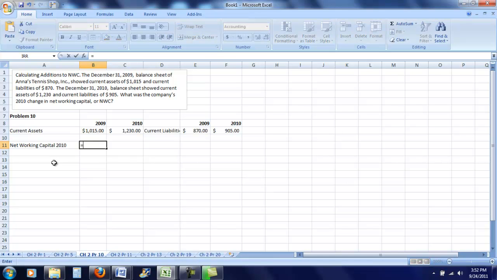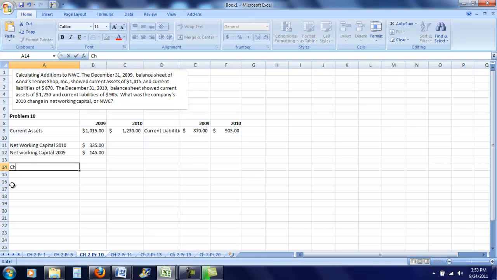and our calculation for net working capital is current assets minus current liabilities. So I'm going to take 2010 current assets minus current liabilities. And my net working capital for 2009 equals current assets minus current liabilities for 2009.